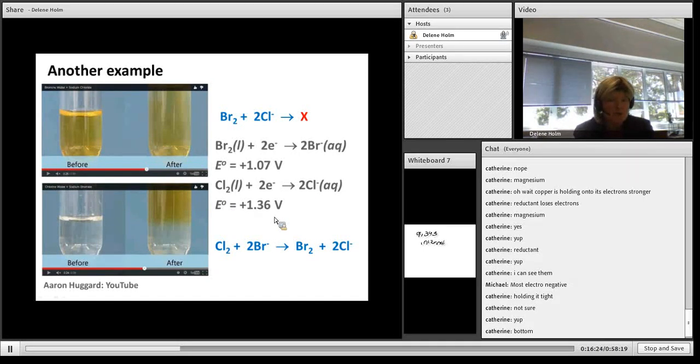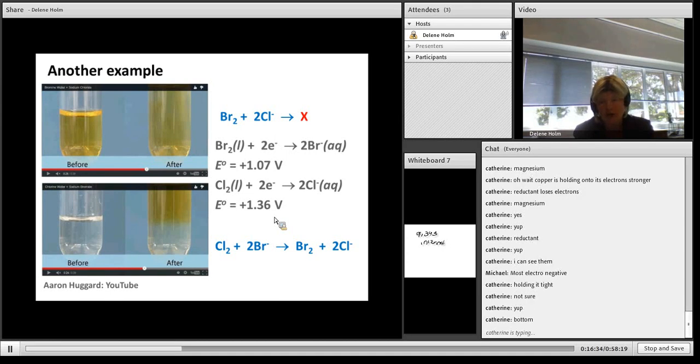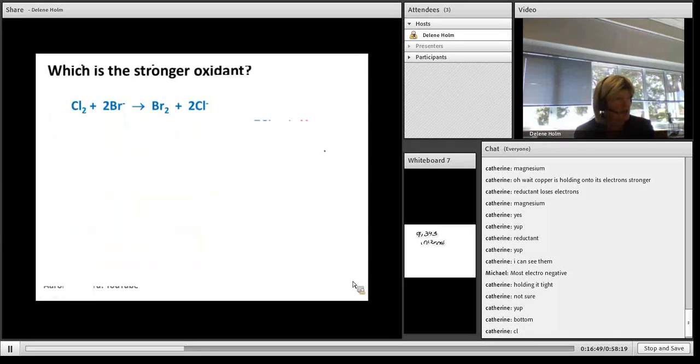Which one of those is the stronger oxidant? So this is the one that's going to grab electrons from the other, the Cl. Because remember, the more positive the value, the stronger the oxidant. Think of fluorine, the most electronegative, where it sits.